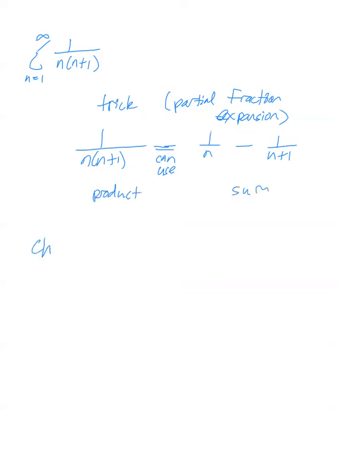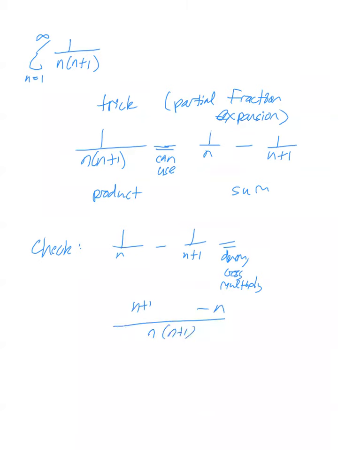And this is easy to check. 1 over n minus 1 over n plus 1, if I just clear the denominators or cross multiply, is n plus 1 minus n divided by n times n plus 1. The key point here is that this cancels, so we end up with 1 over n times n plus 1.